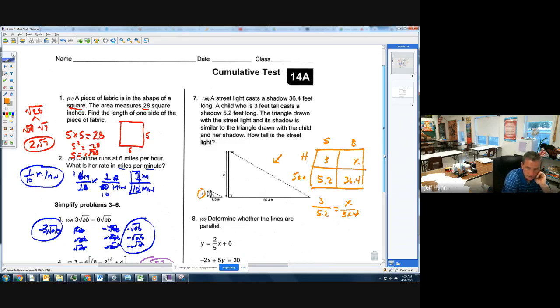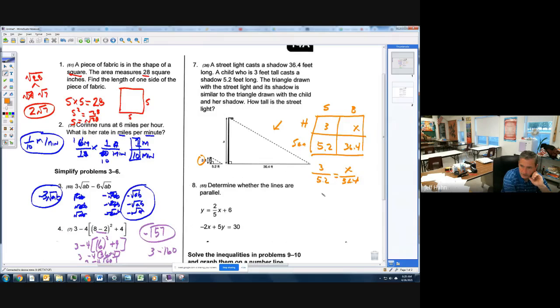Believe it or not, you probably could do some other stuff, but hey, we're cross-multiplying, not cross-canceling. 5.2x equals 3 times 36.4. 36.4 times 3, 12, 18, 19, 1092 with a decimal point right there, 109.2 equals 5.2x.